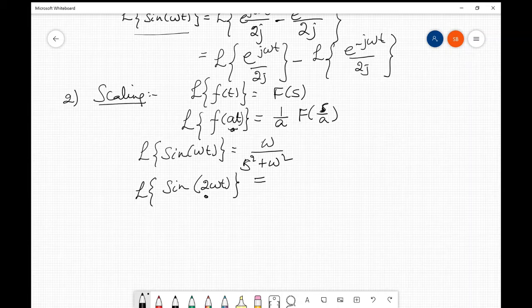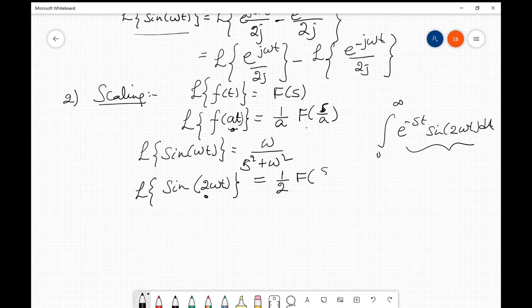Then rather than using integration from 0 to infinity and computing e to the minus st sine 2 omega t dt, rather than invoking that transform, we can simply use this property and take, instead of a, 1 over 2 F of s over 2, which would be 1 over 2 multiplied by, in the place of s, we put s over 2: omega over (s over 2) squared plus omega squared.